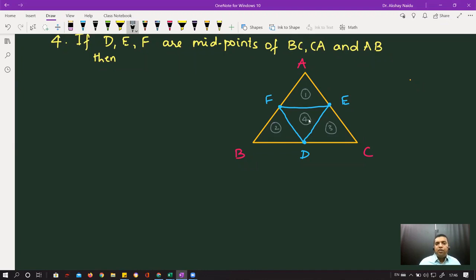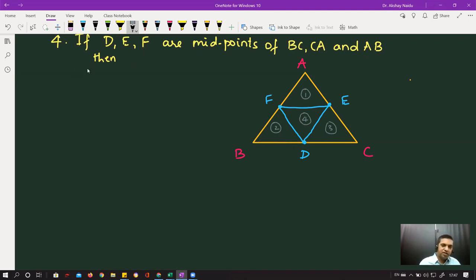So this DEF is a triangle whose lengths are half the lengths of the original triangle ABC. So it turns out that the areas will be 1/4 of the total.